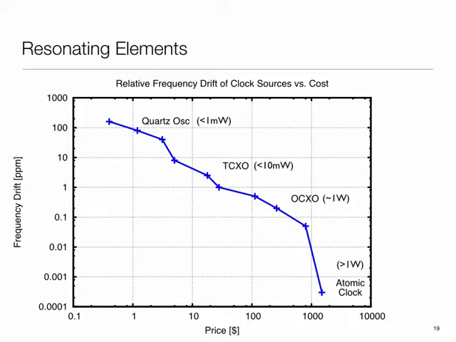And then at the other extreme are the atomic clocks. Normally when we think of atomic clocks, they're huge things and cost a lot of money. But over the past 10 years, through a program run by a defense agency out here, we now have chip scale atomic clocks. So you can buy these things for around $1,000, $1,500.